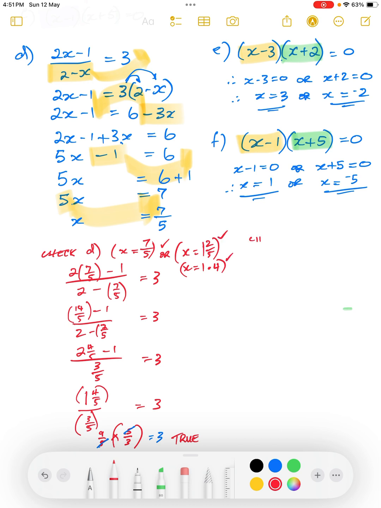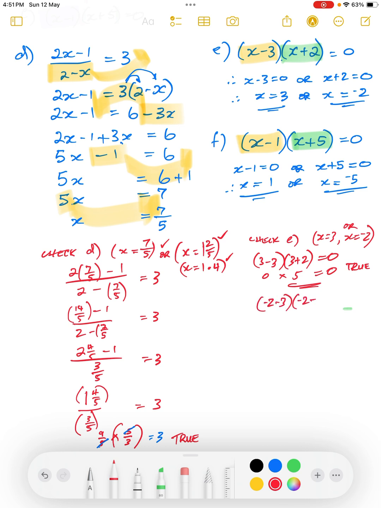Let's check E. We want to check x equals 3, and we want to check x equals -2, because either of those is okay. So let's first check x equals 3. So we put 3 minus 3, 3 plus 2. Does that equal 0? 3 minus 3 is 0. 3 plus 2 is 5. And that's true, because 3 makes the first bracket a 0. Now let's try x equals -2. So we've got -2 take 3.